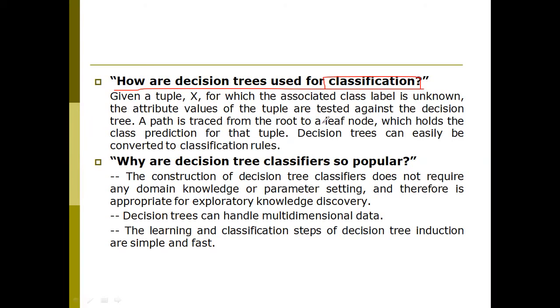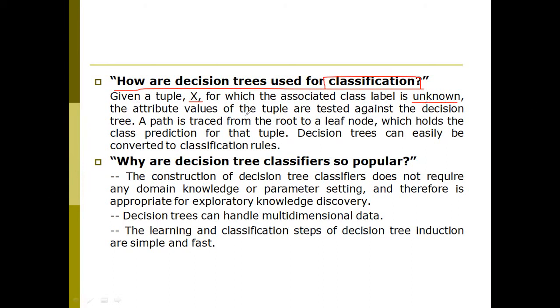As we know, you can apply new data, a new tuple or a new data record, onto a particular decision tree. Assume you have a given tuple X, a new record for which the associated class label is unknown. This X record doesn't have any class label.